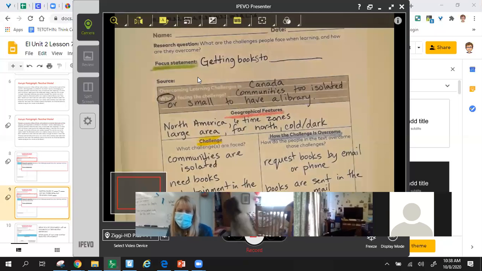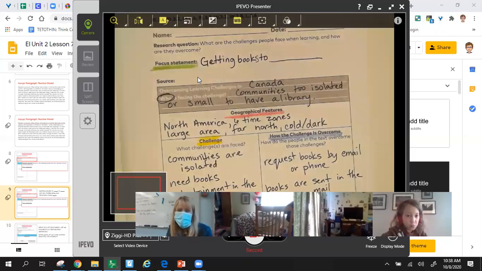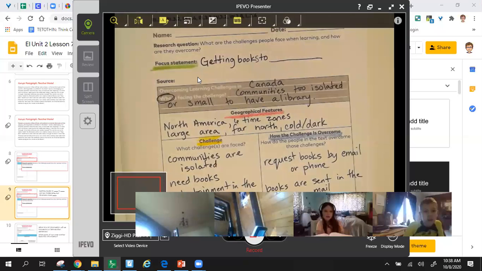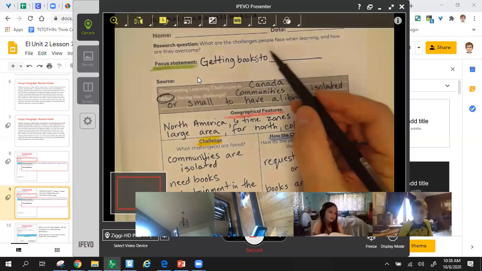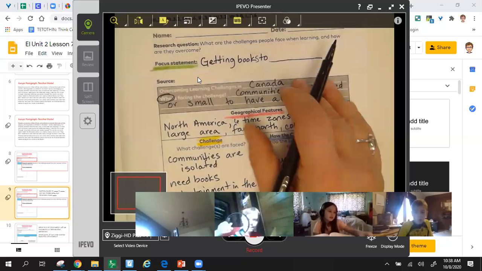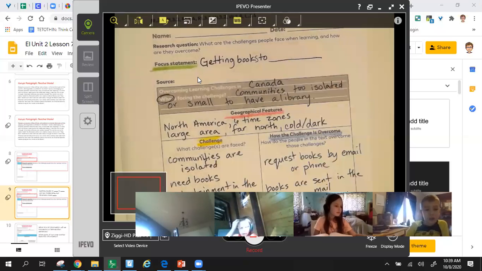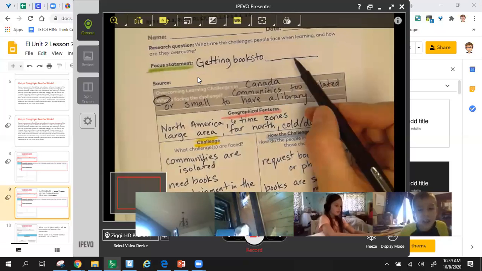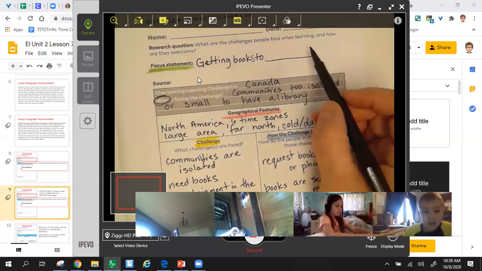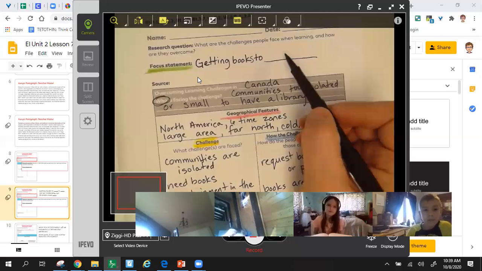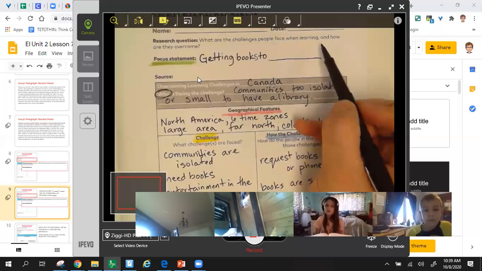Hey, who else can help Robert out for Finland, folks? Leo, what did you write? I wrote getting books to students in Finland. Students in Finland. So Robert, that's two votes for students in Finland to write that in here.